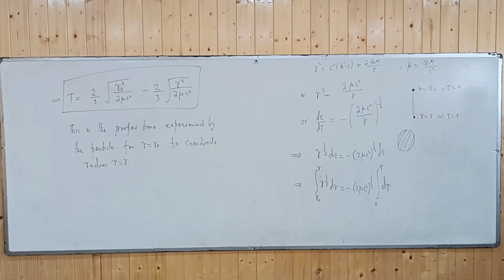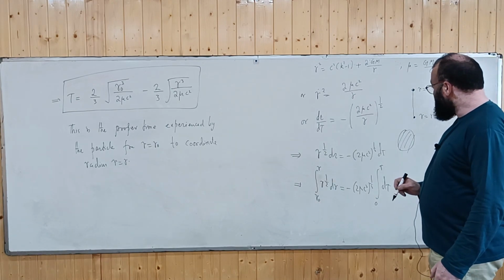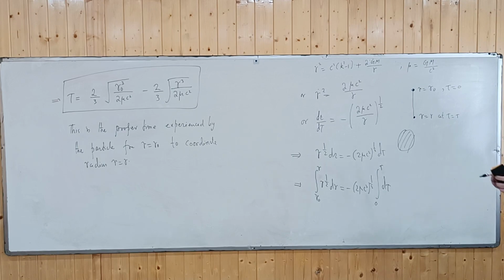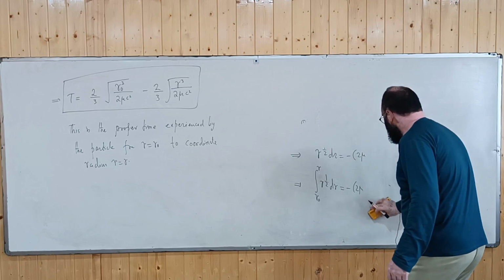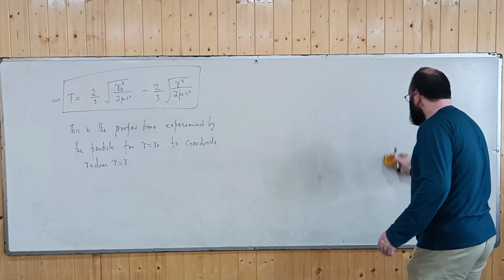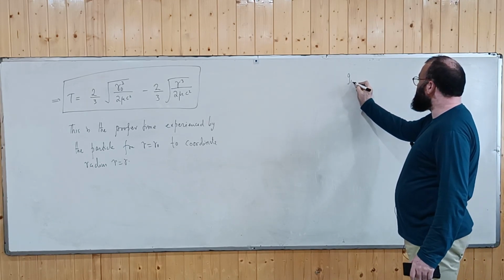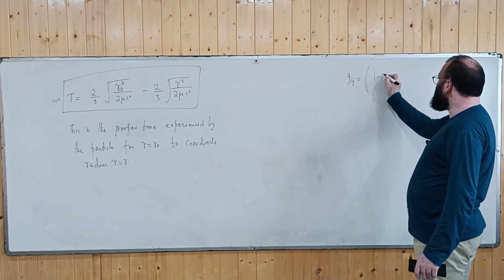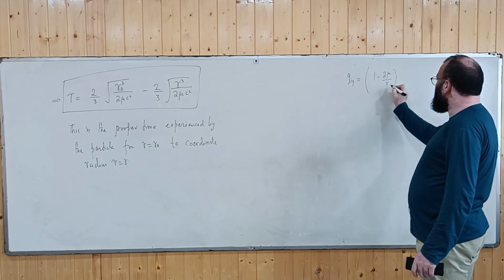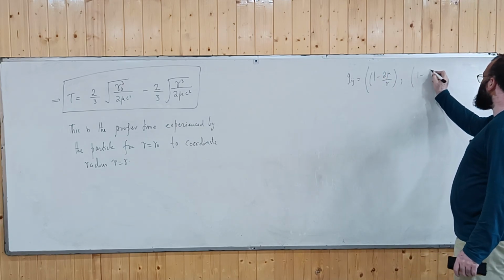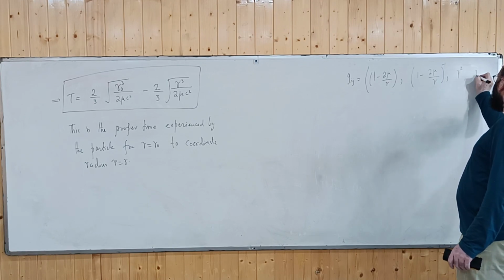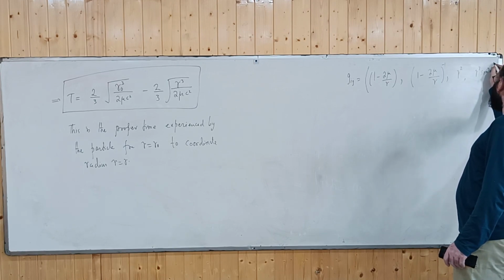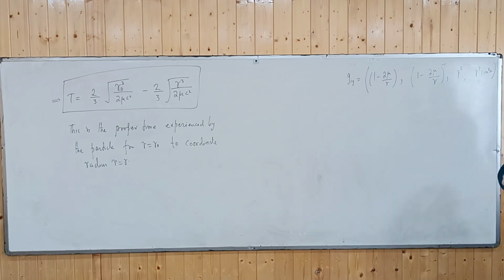Now there is one important point here. Look, if you look at the metric itself, our metric g_ij is like this: 1 minus twice mu by r, then 1 minus twice mu by r raised power minus 1, then r square and r square sine square theta, containing all these factors.